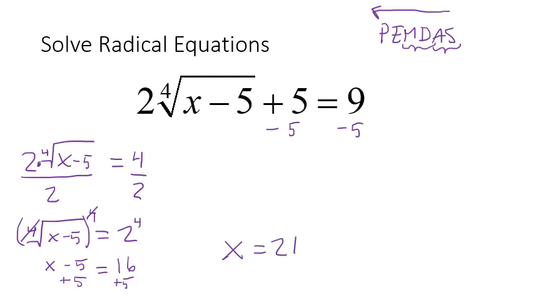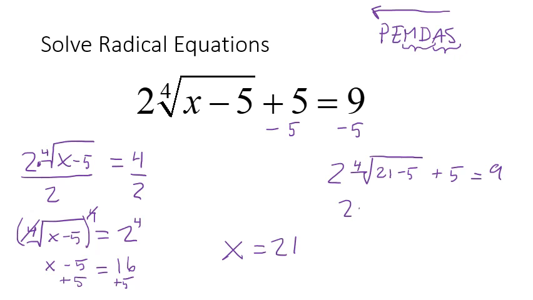We should check this. 2 times the fourth root of 21 minus 5, plus 5, should equal 9.